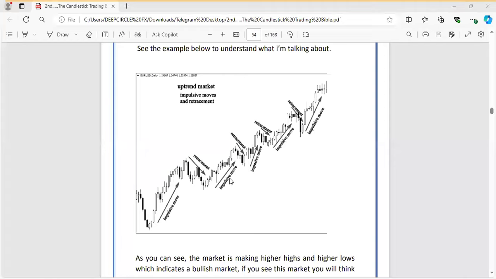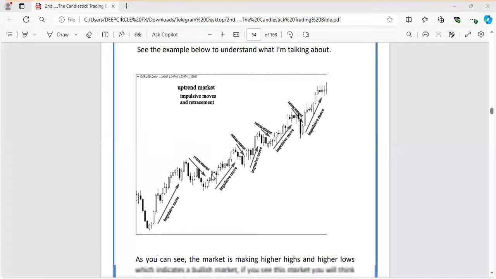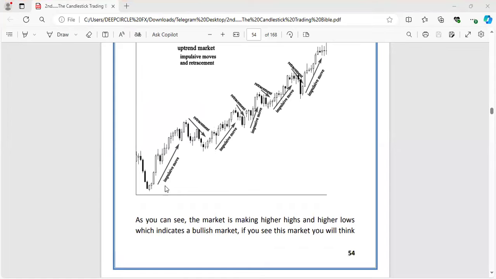So how to trade trending markets. This is the typical example of a trending market. So you enter on the impulsive moves only. Here, this is the impulsive move. So it is going to retrace to this point. At this point, you're now using a smart money concept. Okay.